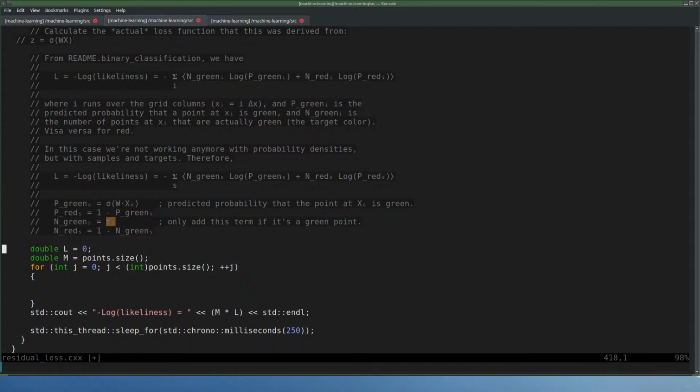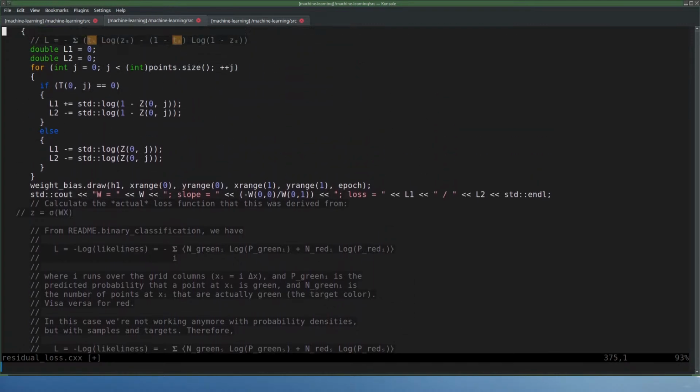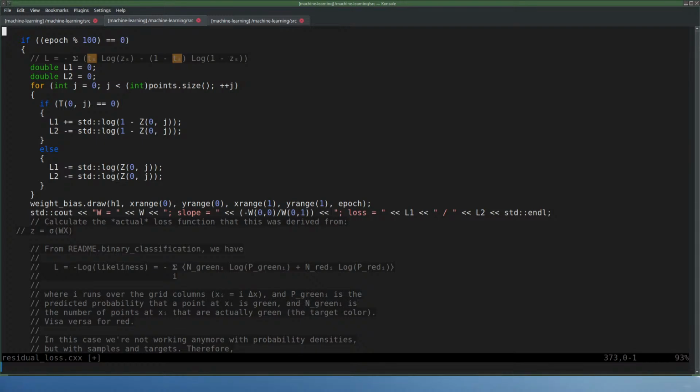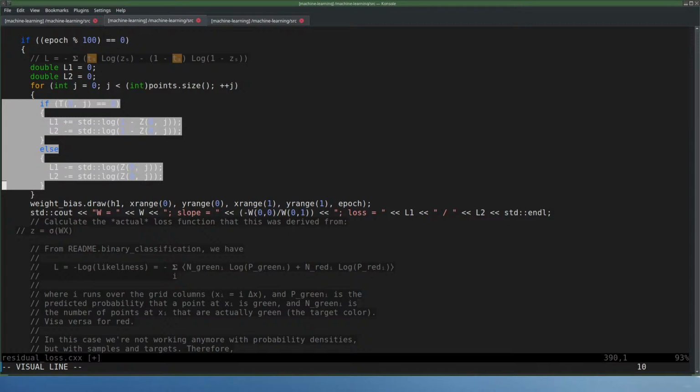Right, so I want to calculate my L as being the sum of something that depends on the target, because now this value is either 0 or 1, and they toggle, so either this one is 1 or that one is 1, aka we add either this or we add the other one, and that is scarily much the same as what I already did before. No, it isn't. It's different. Well, it's bloody different. But hey, this is the same. Bloop. Just copy everything.